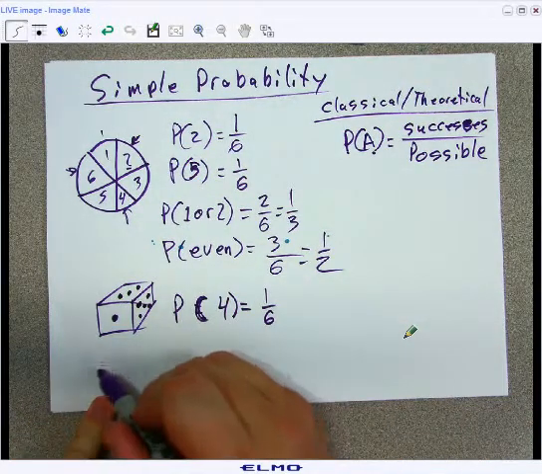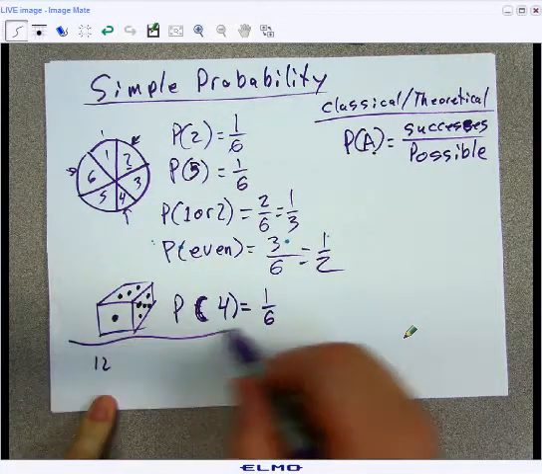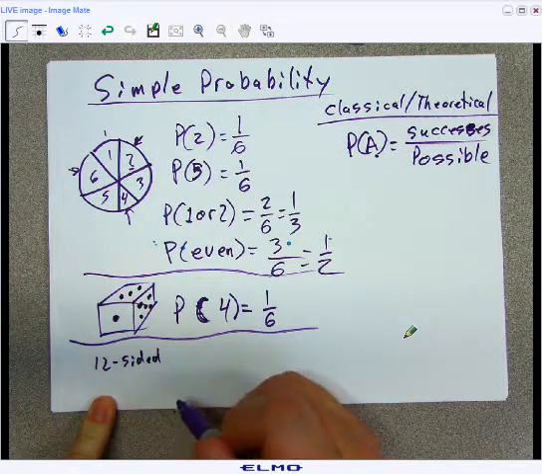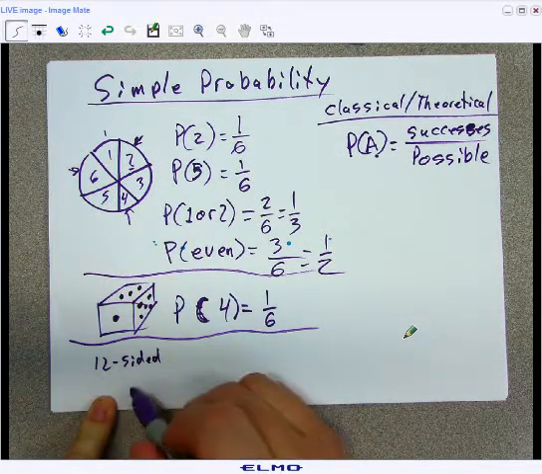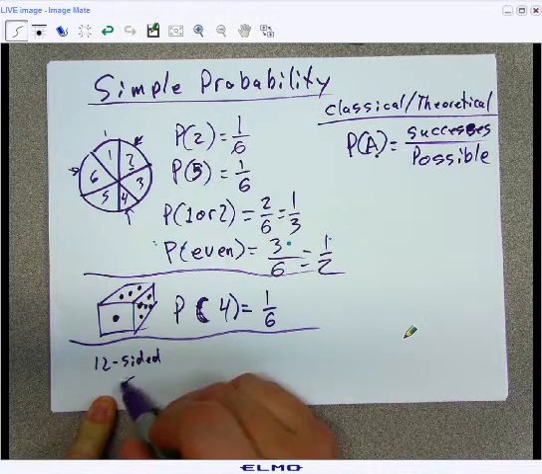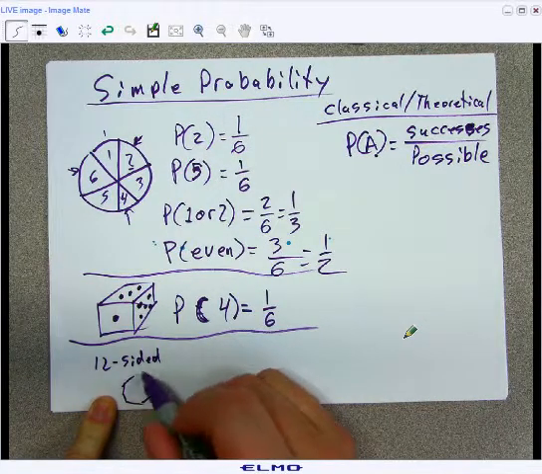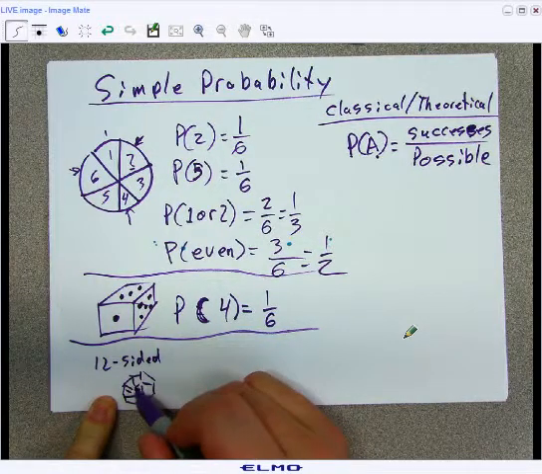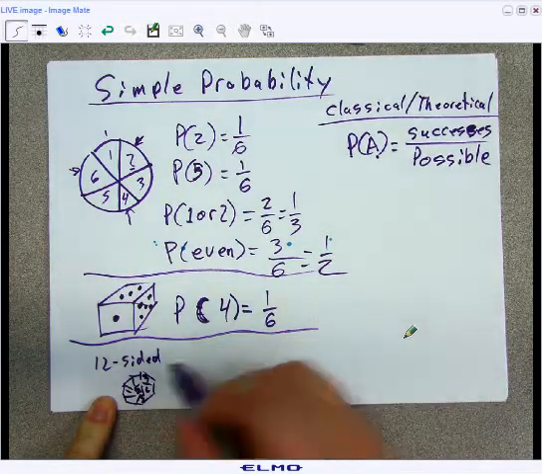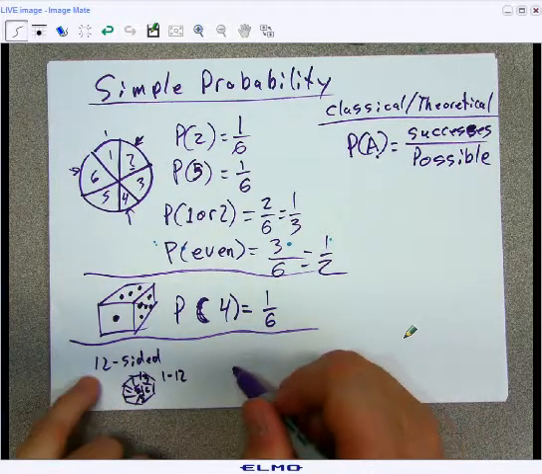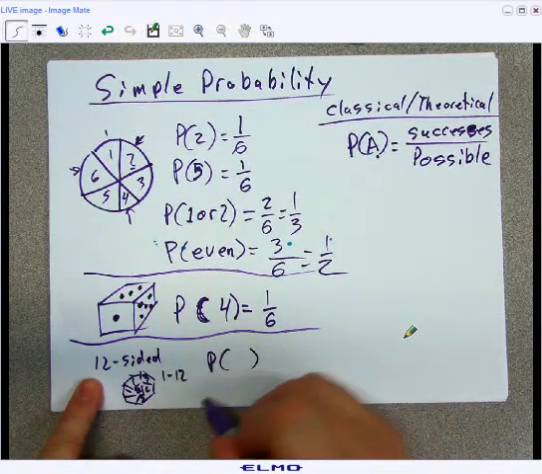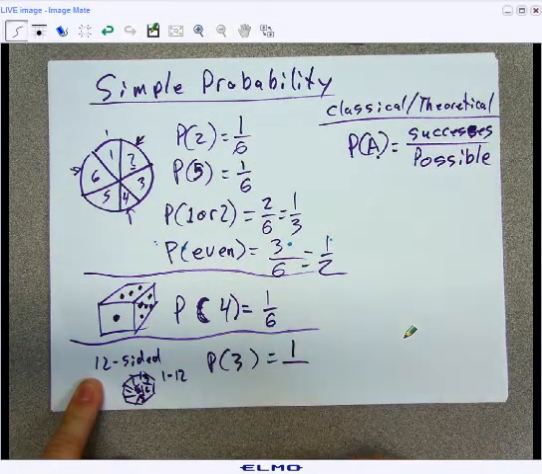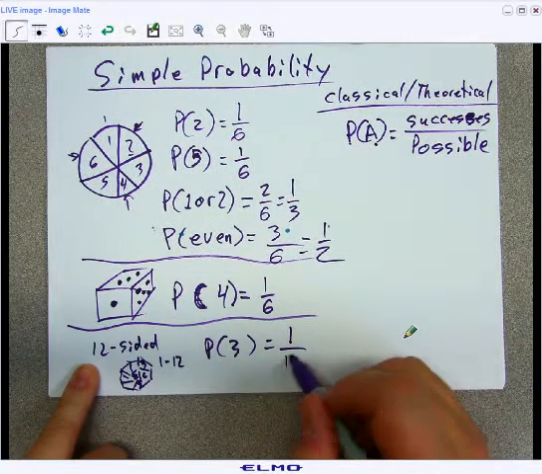If I had a 12-sided die, now good luck trying to draw a 12-sided die, but it would be a strange looking die that has all sorts of different faces on it, all labeled with different numbers 1 through 12. So if I wanted the probability of a 3, since there's only one 3 on a 12-sided die, it'd be 1 out of 12.